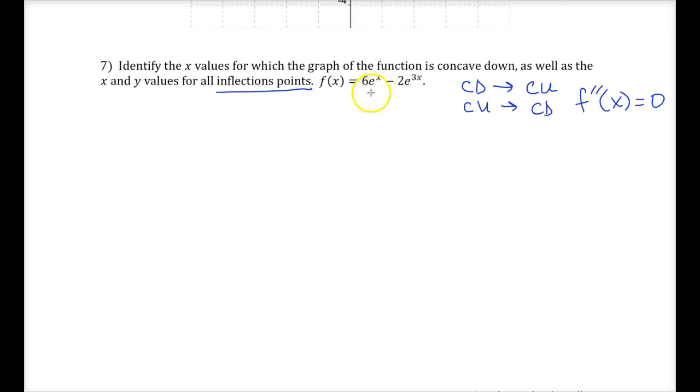Since we have two terms in our function that is basically an exponential function, then we know that the domain of this function is all real numbers, and therefore we know that whatever values of x that we find for the second derivative, the original function will be defined there. An instance to where we would have a situation where concavity switches, but the function is not defined there, would be at a vertical asymptote, for example.